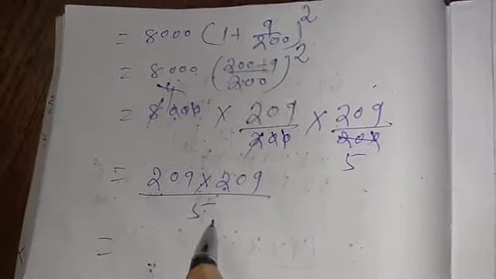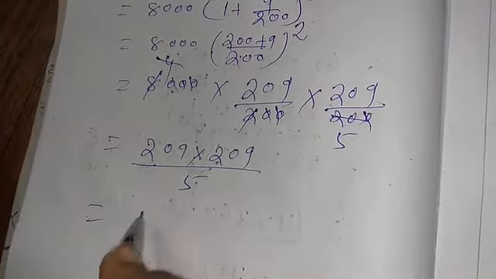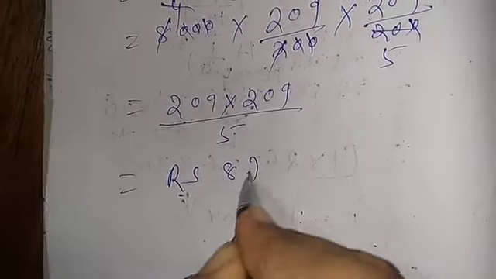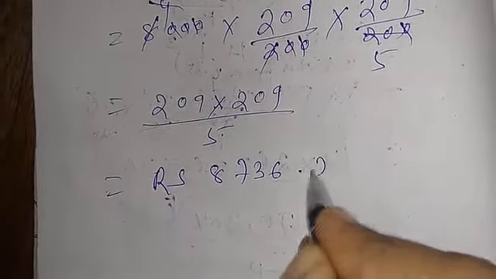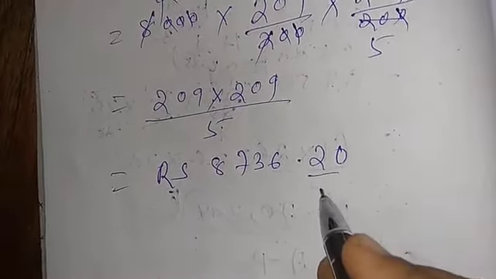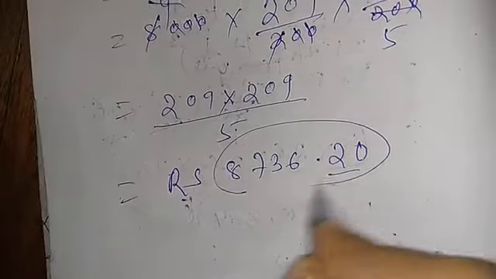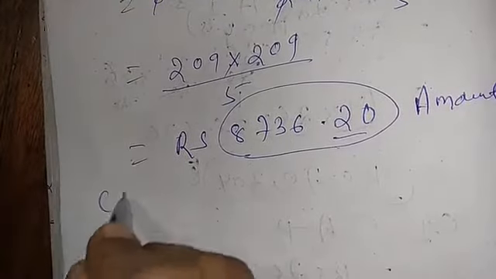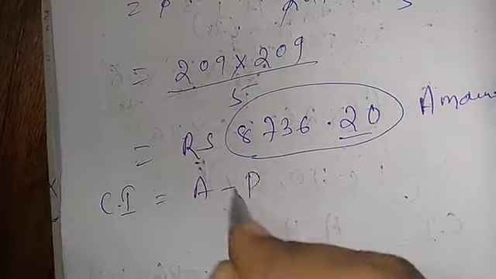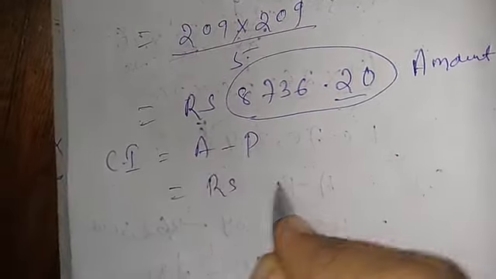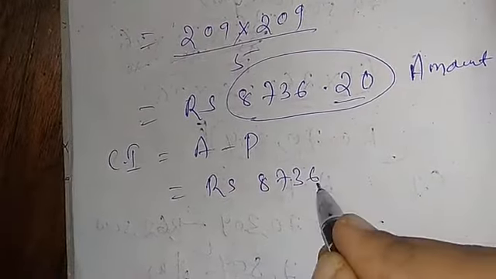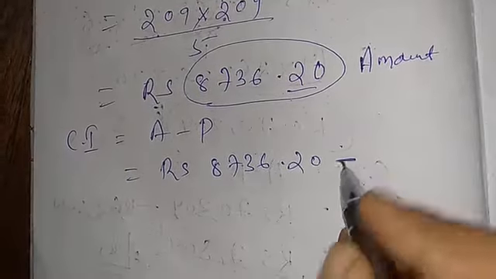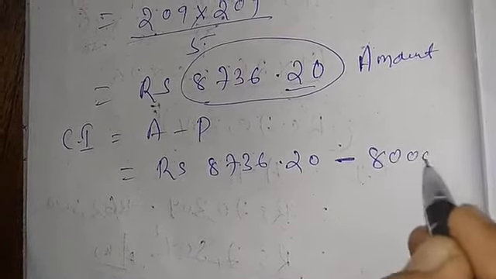Okay, so we divide, and we get how many rupees? 8736.20, meaning 20 paise. So this much is the amount. Next we will find the compound interest. Amount minus principal. So 8736 rupees 20 paise minus principal, which is 8000 rupees.